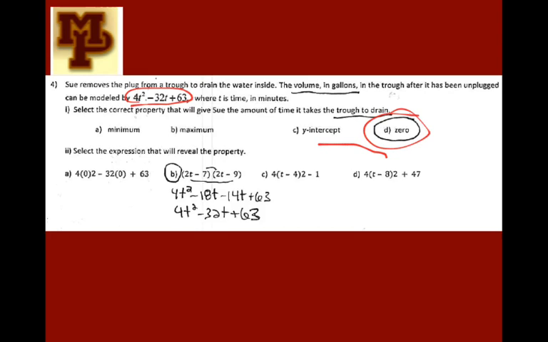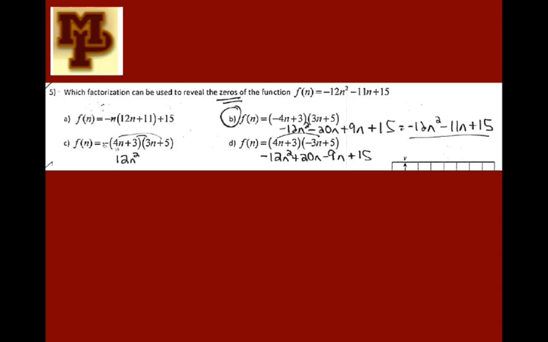So when I'm looking at these ones on the bottom, I'm trying to look for the one that would be in factored form, but also, if I multiplied them together, it would be the same as this. So this particular one is factored, which is what I'm looking for. And when I multiply it out with the distributive property, it's the exact same function. So that's the one that would reveal how long it would take for the trough to drain. You could set each of those factors equal to 0, and you could figure out those times.